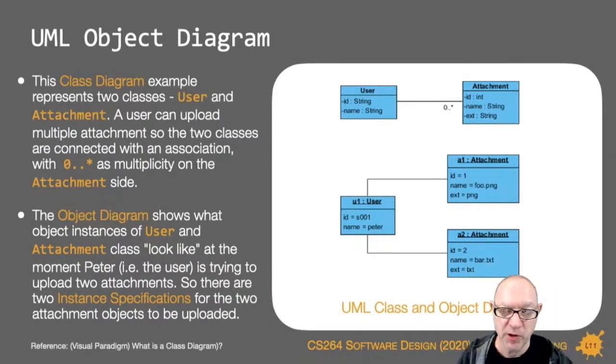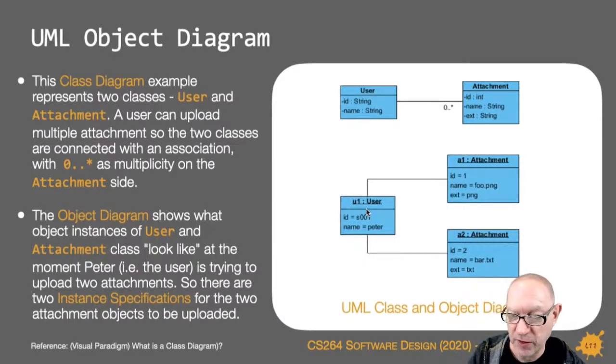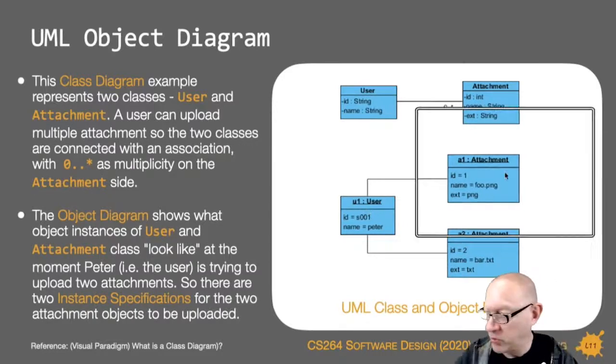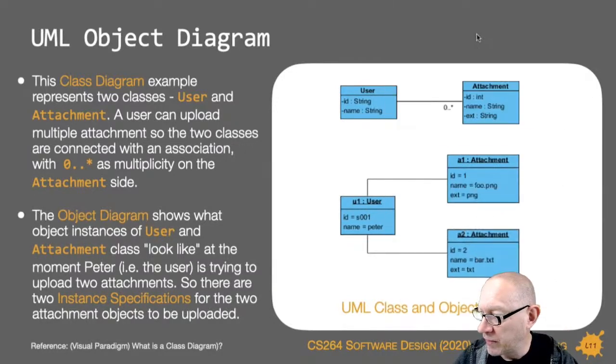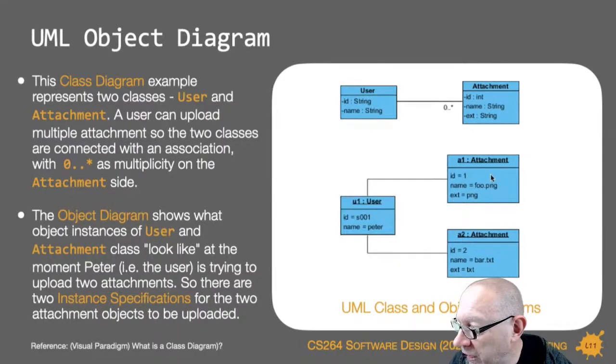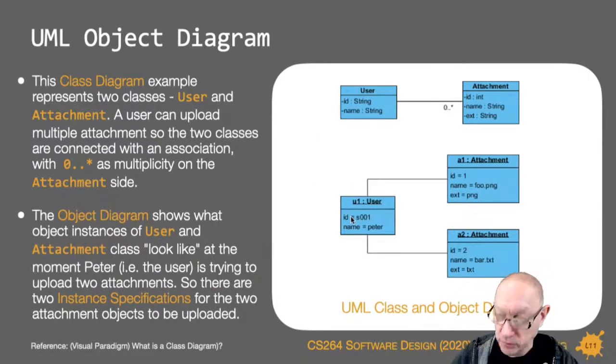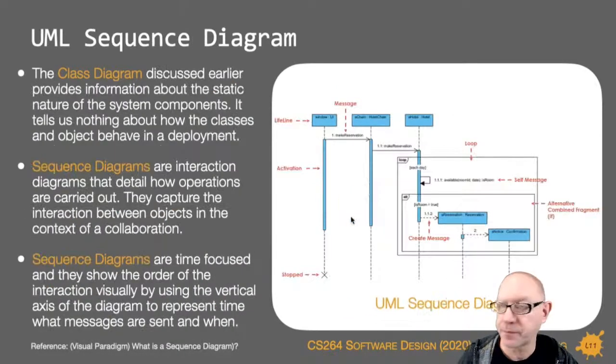The user can upload multiple attachments, so the two classes are connected with this association on the attachment side, and it just shows this particular example and then shows the instances. Okay, that's the instance specification. So we have 2 instance specifications, this one A1 and this one A2. So you'll see that we have the object's name here, and we have the object class following. It's very straightforward.